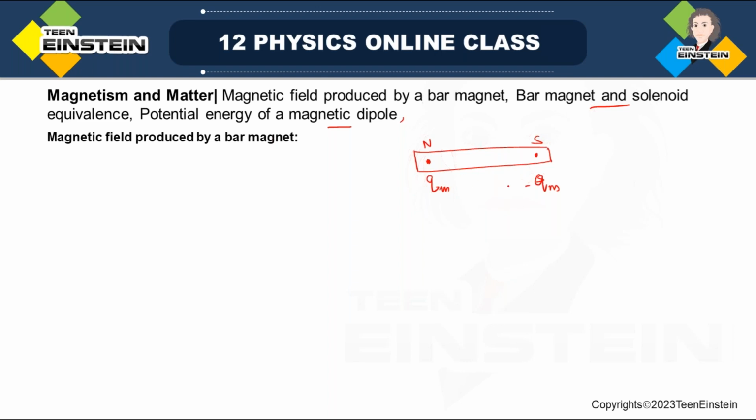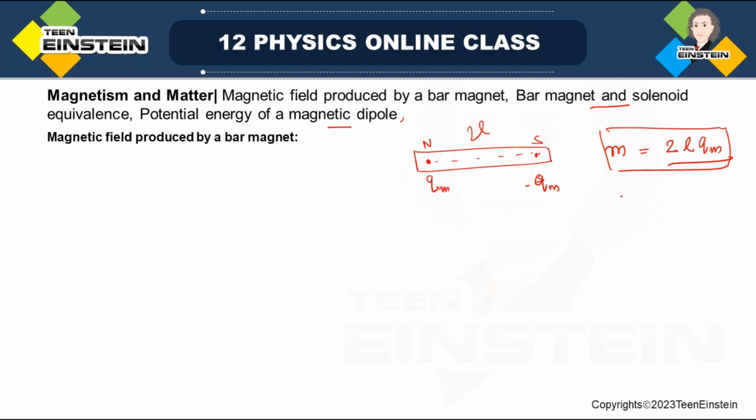If we have equal and opposite magnetic charges separated by a distance 2l, we can say that the bar magnet acts like a magnetic dipole, which has dipole moment m equal to 2l into qm, or 2qm into l. So this is the dipole moment. This is what we had discussed yesterday.